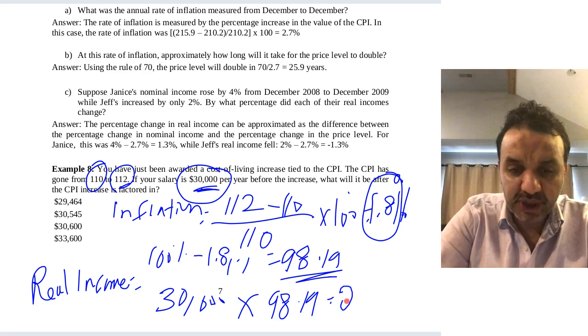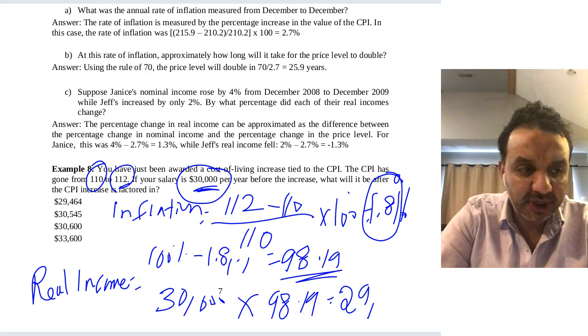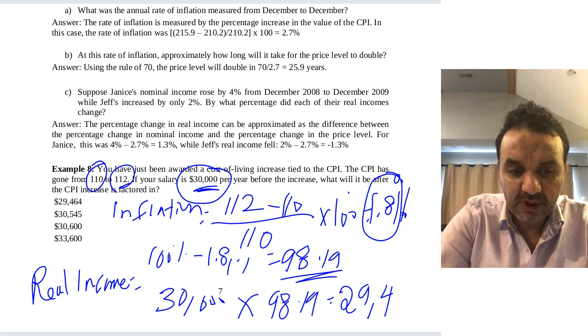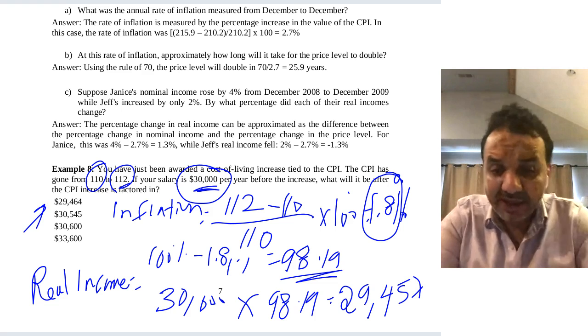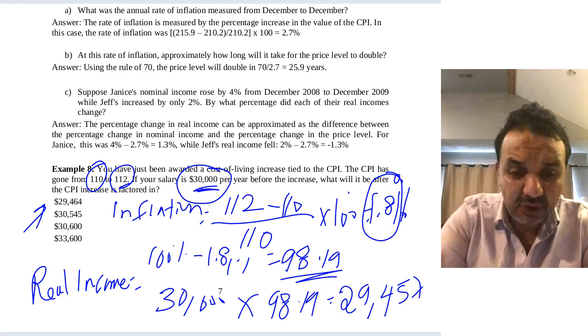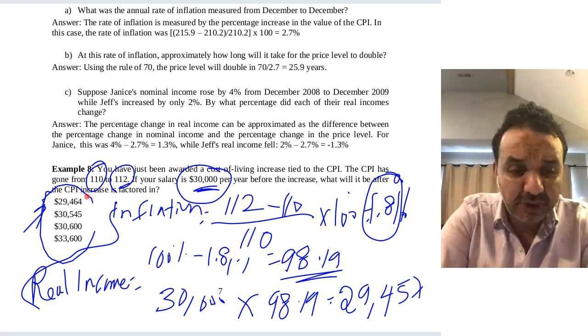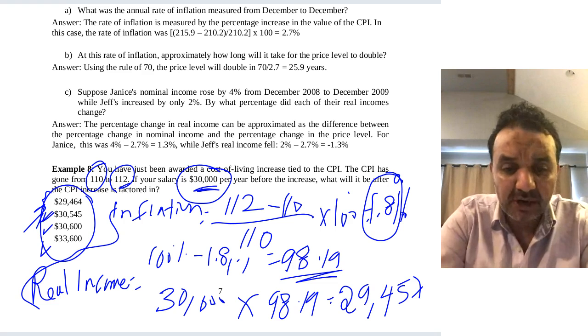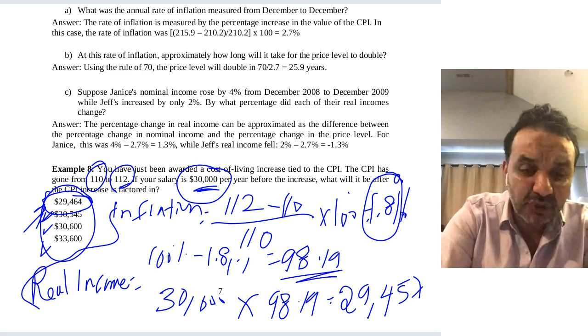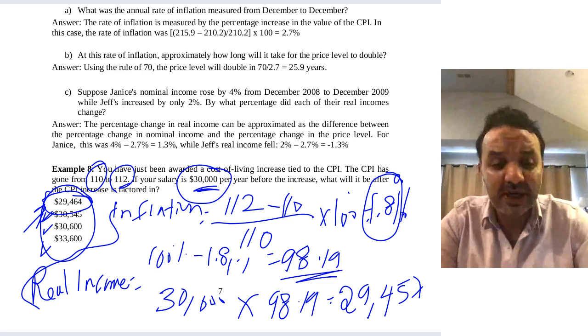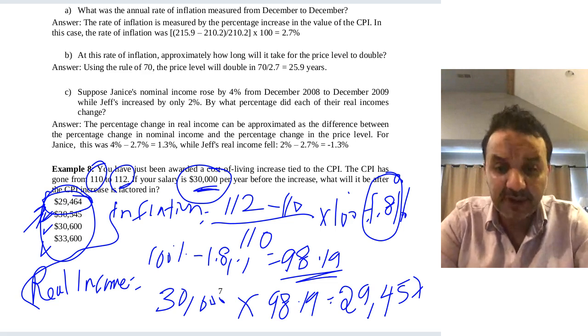So your income will be 29,457, which is close to the first choice. And actually, you don't even need to do all of these calculations, because from the choices you have, all the choices B, C, and D are more than 30,000. But with the presence of inflation, definitely your real income will be less than your nominal income.